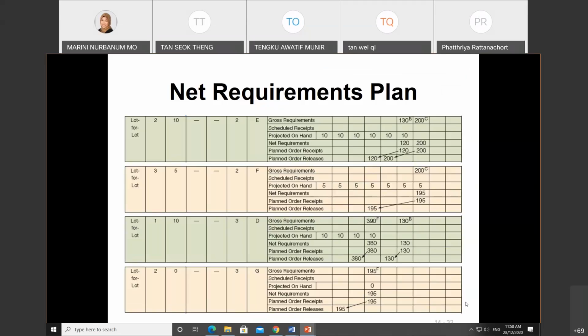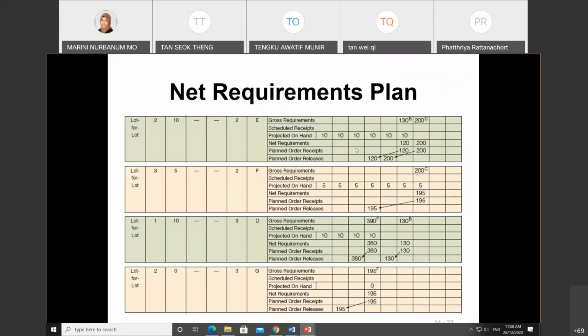So this slide concludes for E, F, D, and G. Again, it's the same thing. You refer to who is the parent.